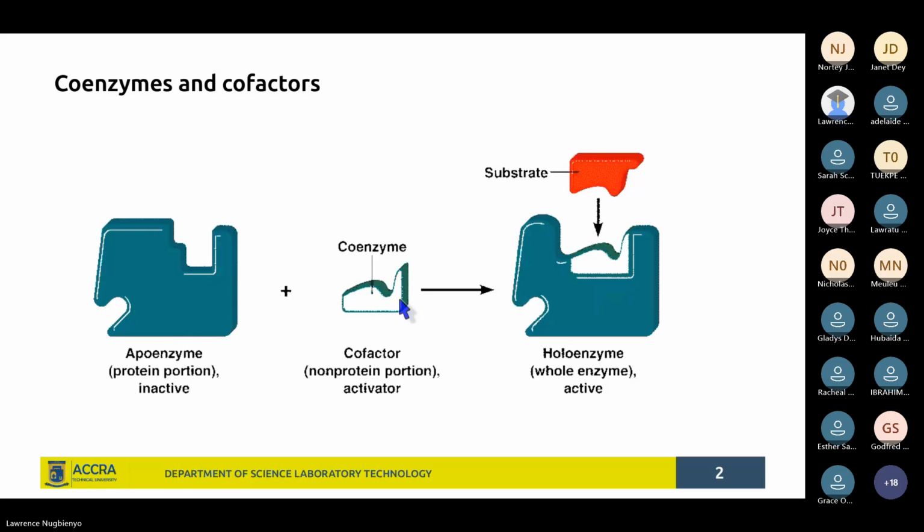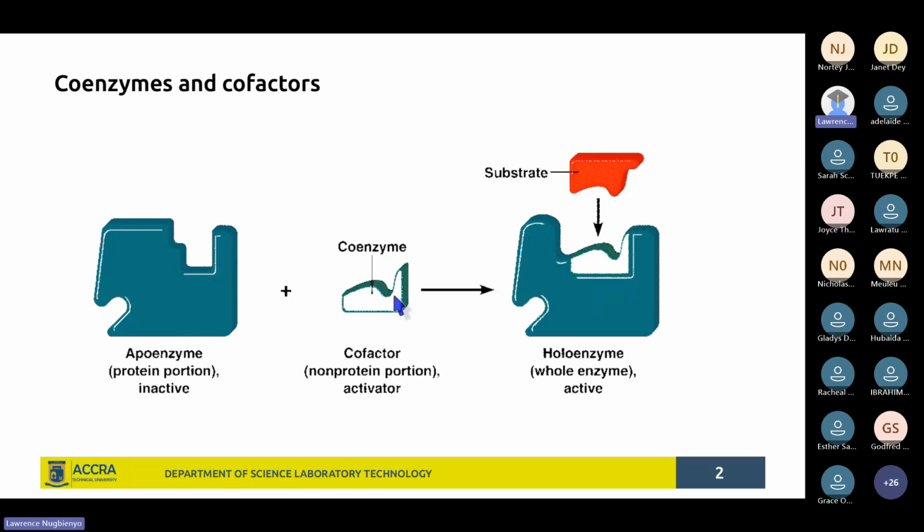Now, it's just like when we were looking at the structure of proteins, we talked about the structure of hemoglobin, for instance, that had a protein part, and then there was an ion, Fe2+, at the center of this hemoglobin molecule.